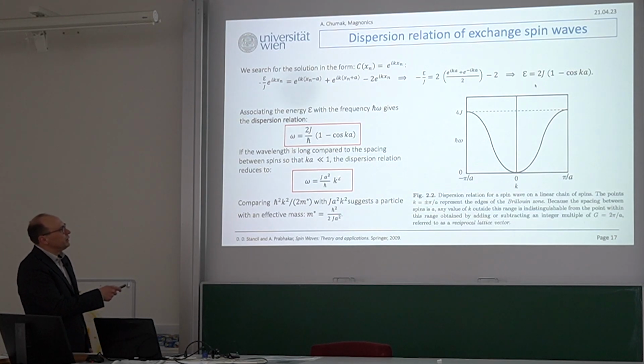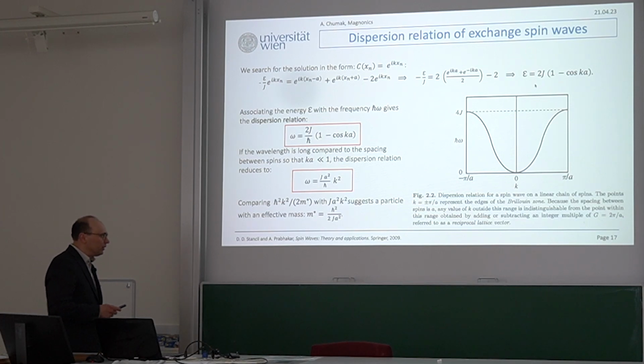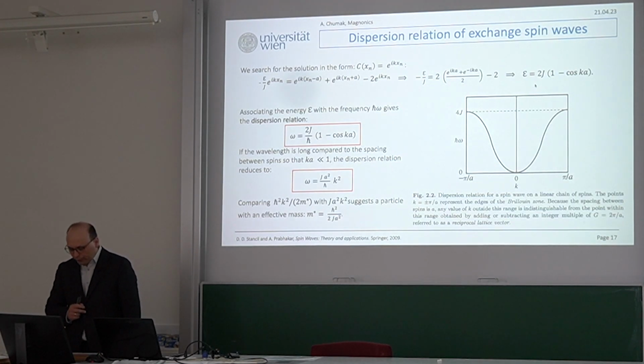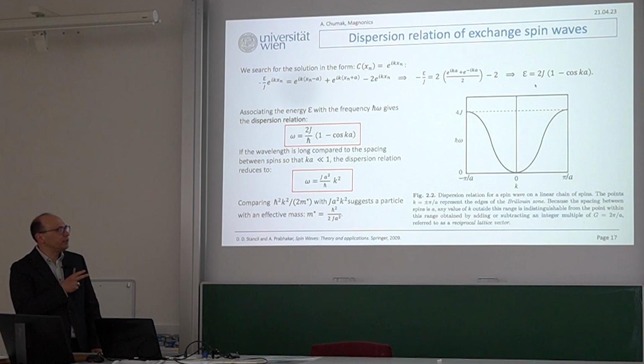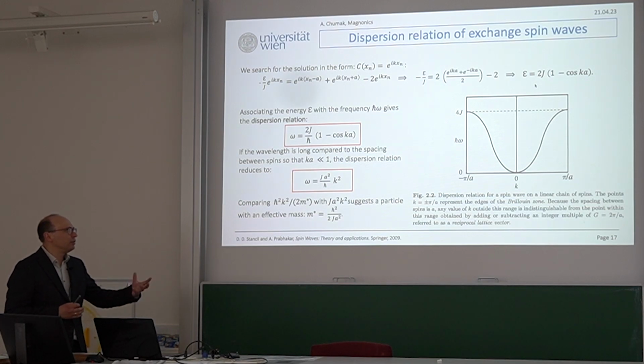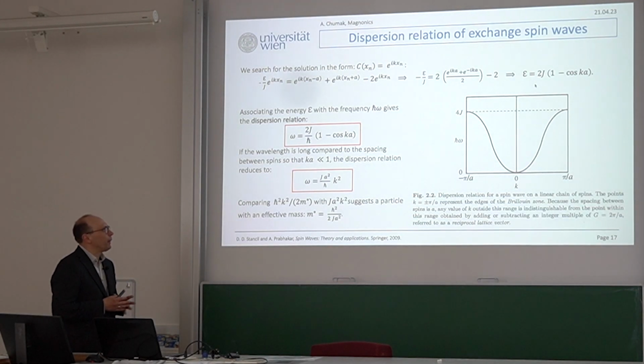Simply by comparing these two formulas, you can immediately get a value for the effective mass, and you see that the effective mass of magnons depends on the exchange integral J and on the lattice constant a. In a few slides I will show you another way to define the mass of a magnon, but here it really comes down to the atomic scale.